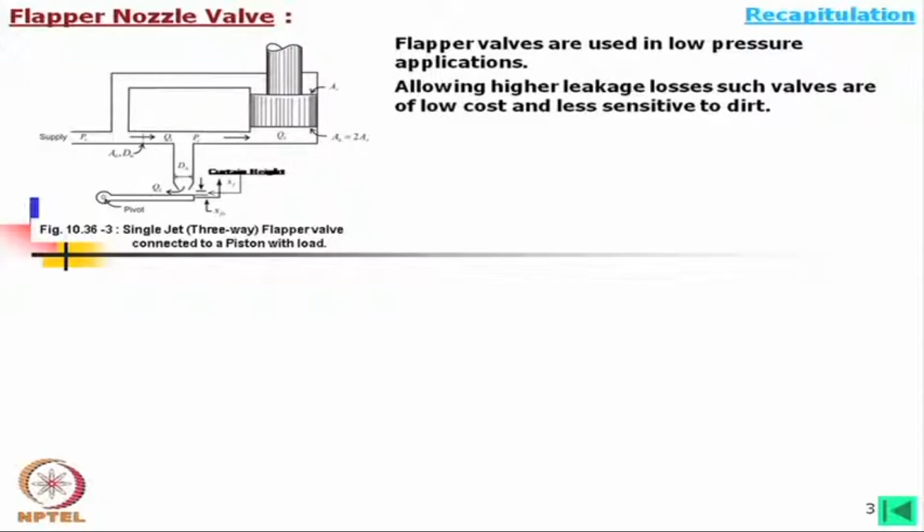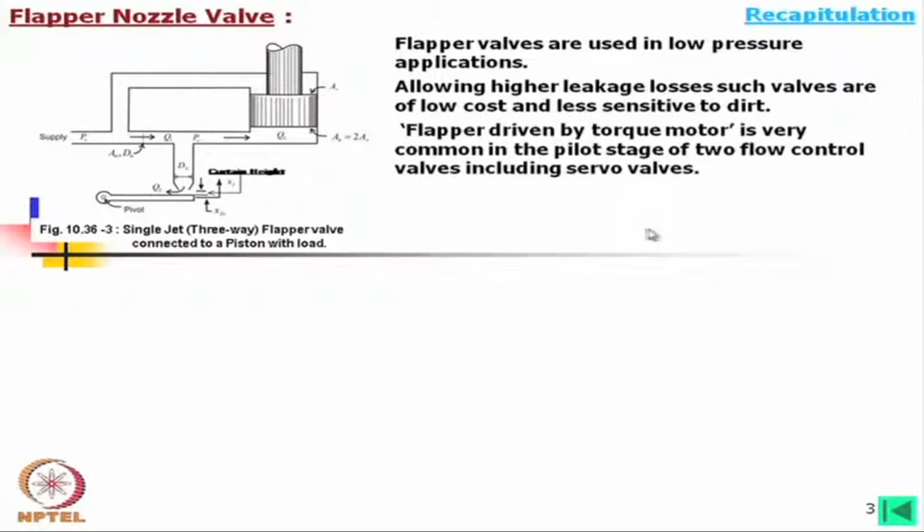So, in that way the flapper nozzle valve is better than the spool valve. This is the biggest advantage of using the flapper nozzle valve.